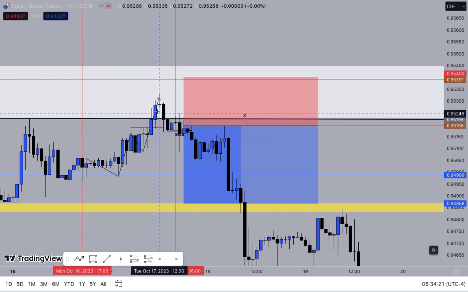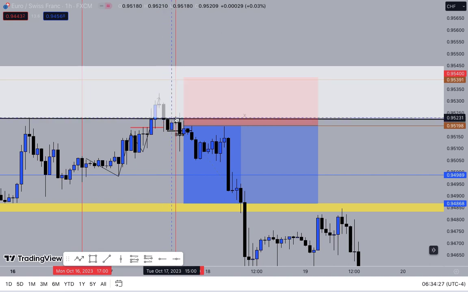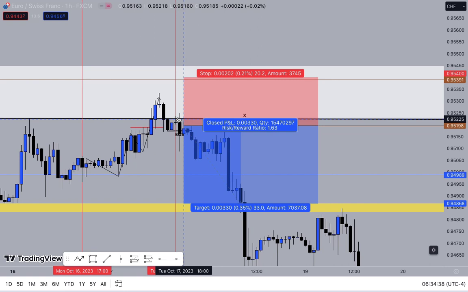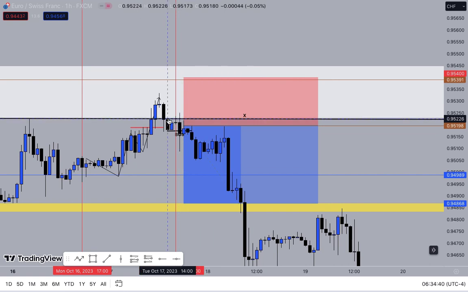So I saw this fair value gap here, from the low of this candle to the high of this candle, and price had already tapped into it even before the displacement. So when I saw it, I was like, okay, now all I need is price to come back to that entry again, which is this fair value gap here.